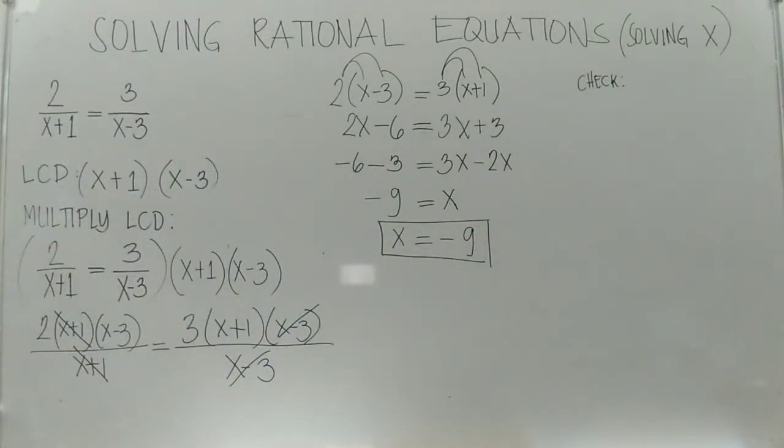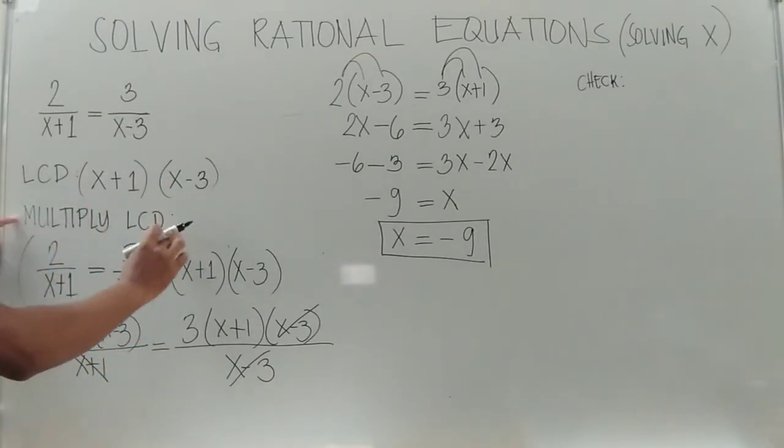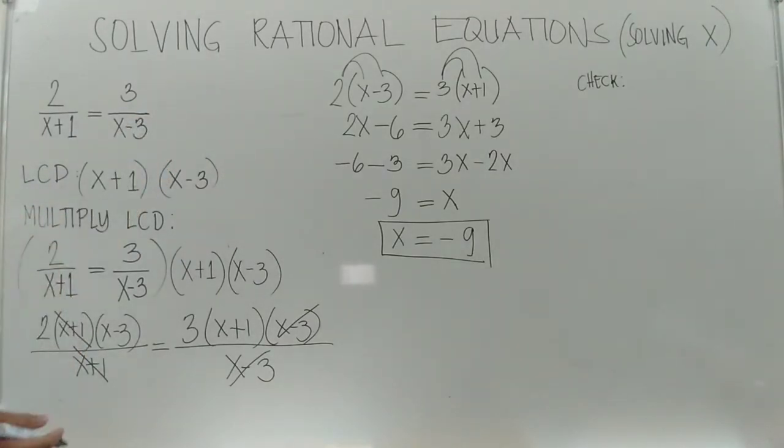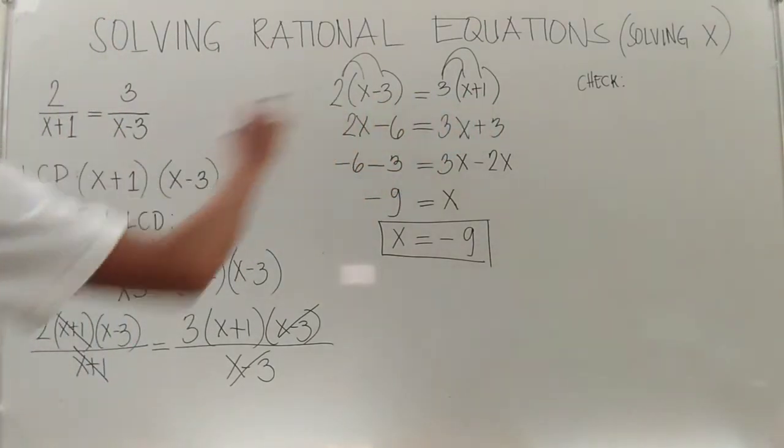Because if we go back and multiply your LCD, the reason behind that we identify and multiply your LCD to your rational equation is to simplify it and to eliminate your denominator. So to make it more simplified just like this one.